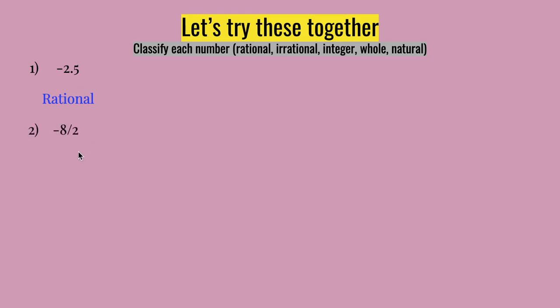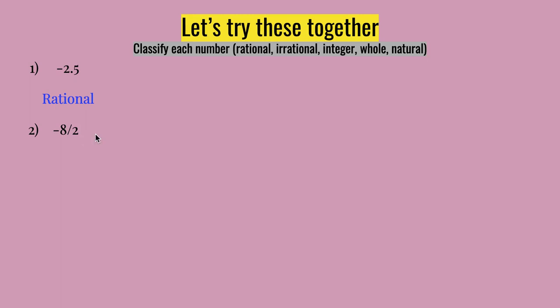Okay, negative 8 over 2. Remember that fraction bar means divide. Before I can classify this, I have to simplify it. Negative 8 over 2 is equivalent to negative 4, so I'm really working with a negative 4.